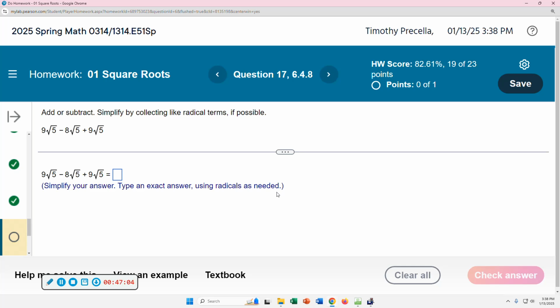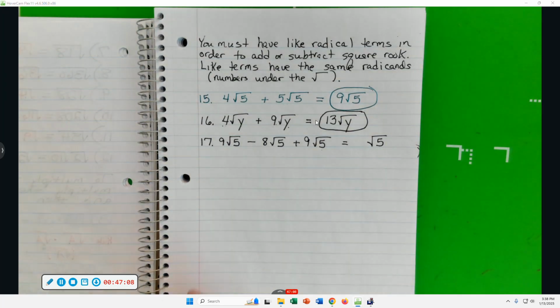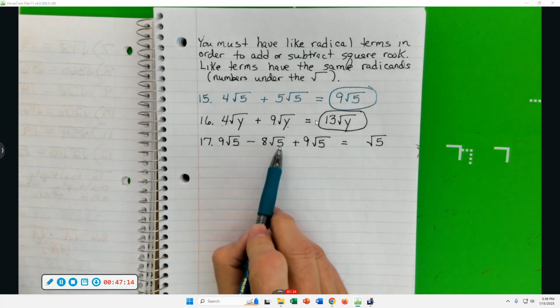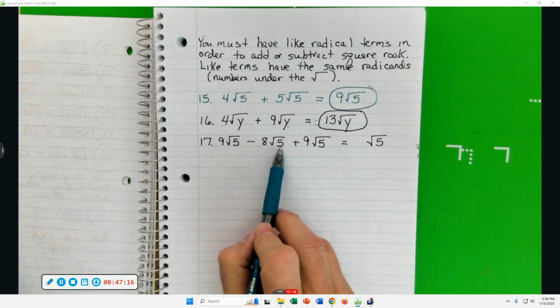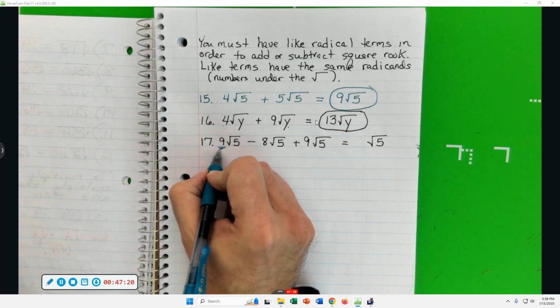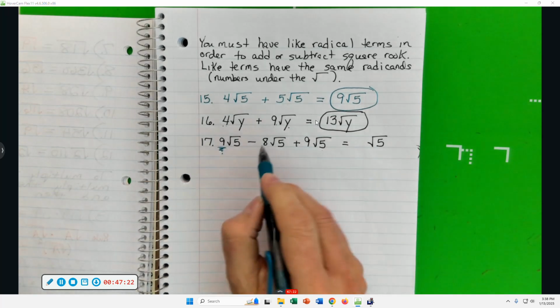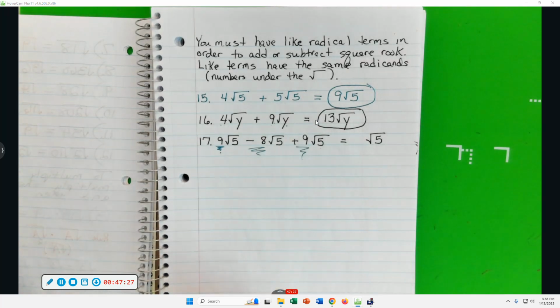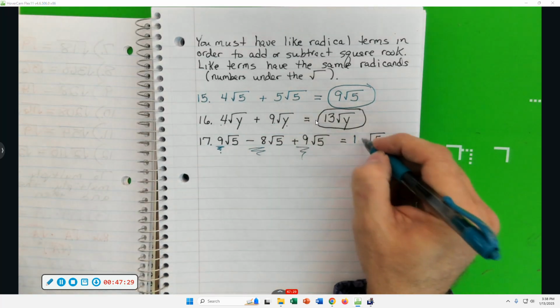Okay, we have the square root of 5. All of them are the same, so we have like radical terms. Now just combine the coefficients. 9 minus 8 is 1, plus 9 is 10.